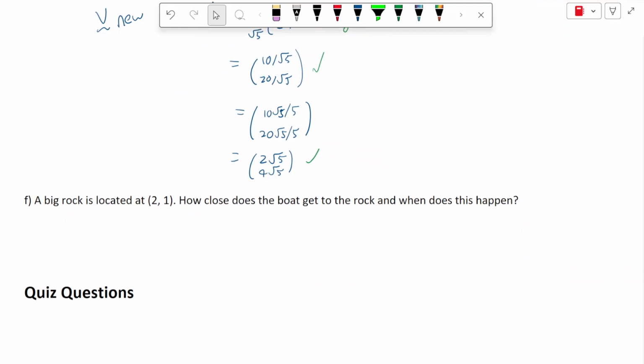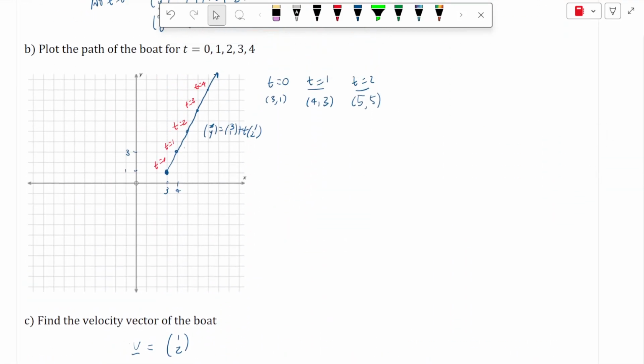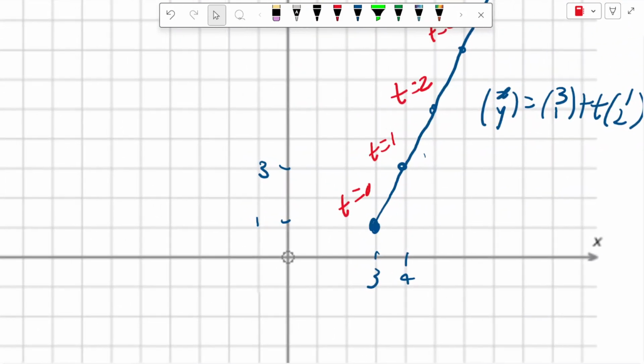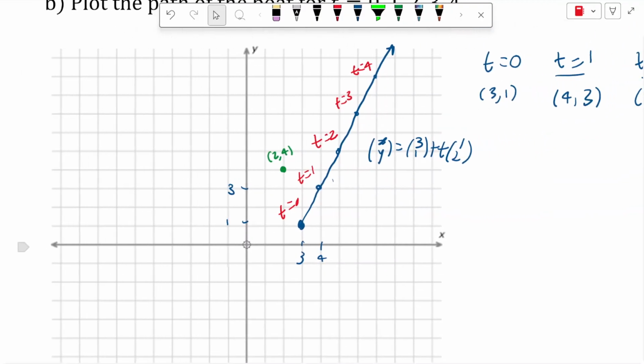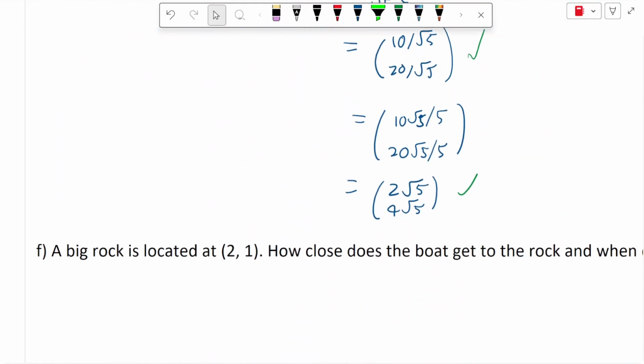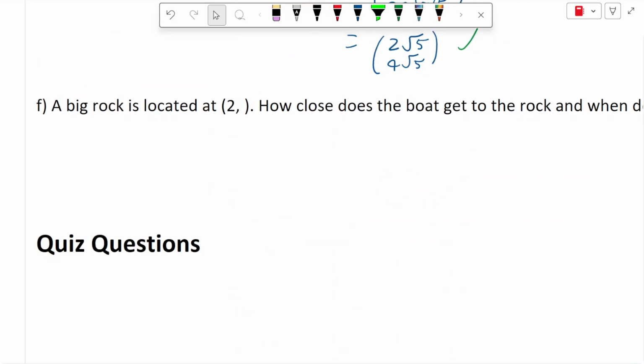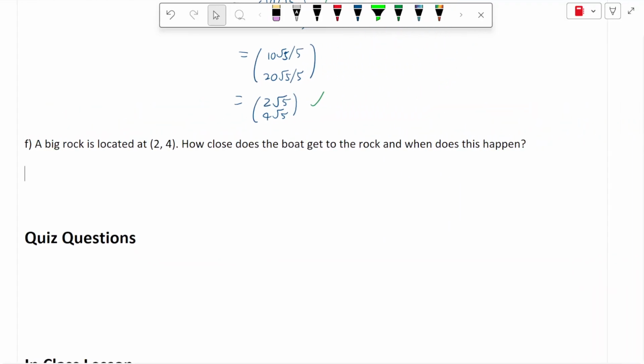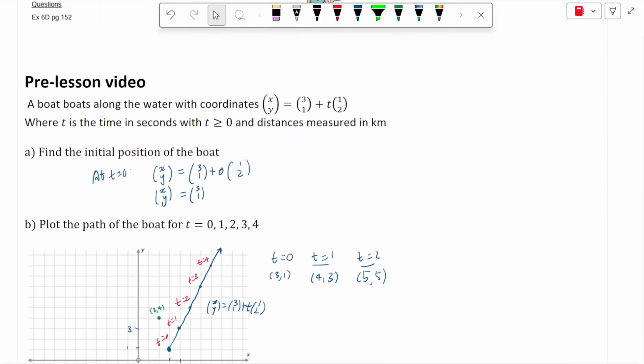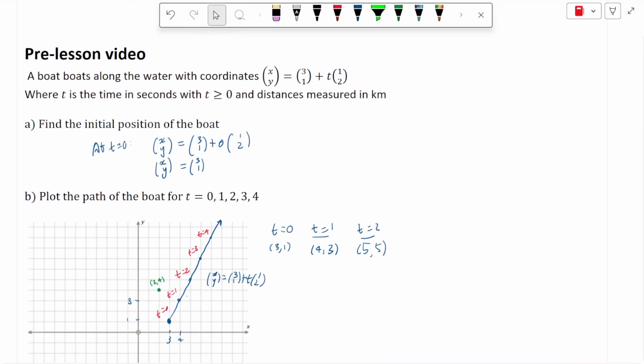Okay, a big rock is located at 2, 1. So let's pop that on our diagram. Sorry, that should have been at 2, 4. So a big rock is located at 2, 4. We'd like to know when we're closest to that rock. So how close does the boat get to the rock? Basically you can look at it as a vector, or use the distance formula, whatever.